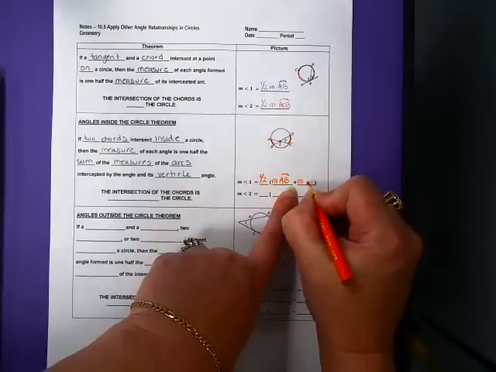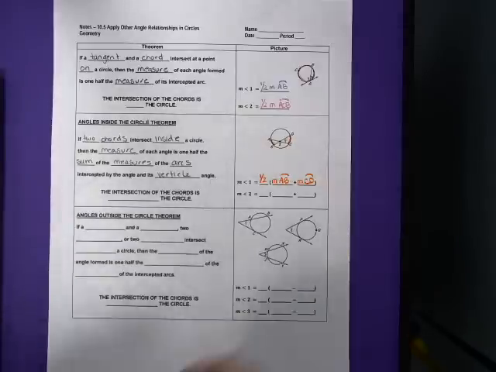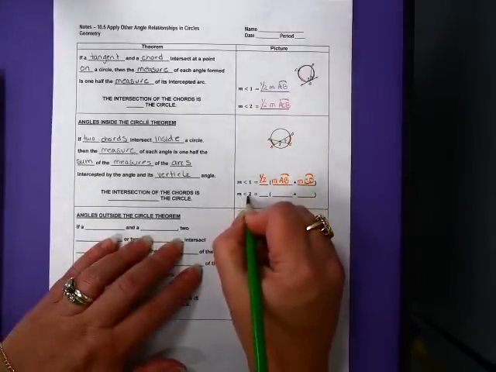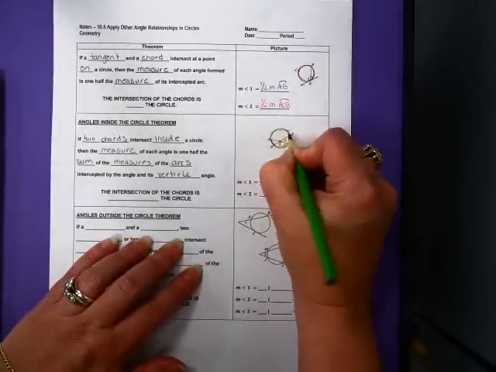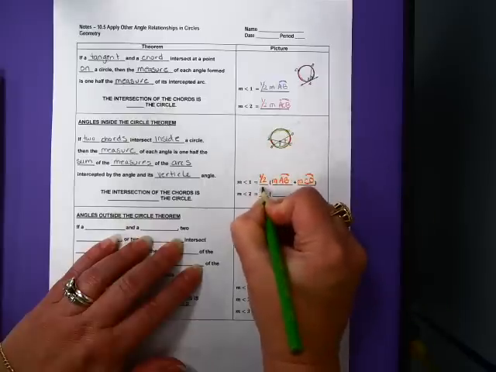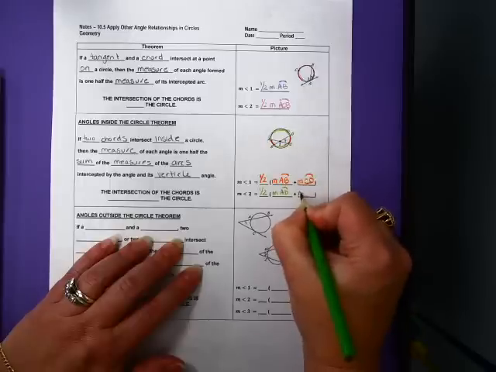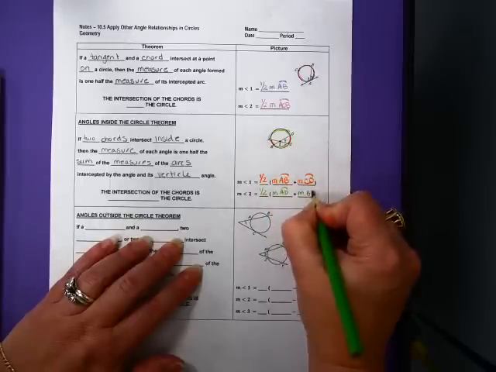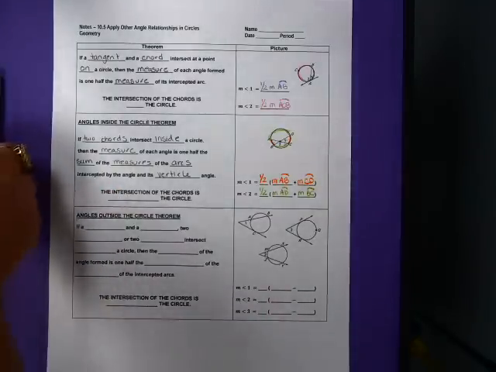You could call it DC, but I'm just doing it in alphabetical order here. There you go. Alright, the next one, the measure of angle 2, it's going to be the average of those 2 arcs. So it's going to be 1/2 the measure of AD plus the measure of BC. Okay, and again I'm going to skip this one and go to the next one.